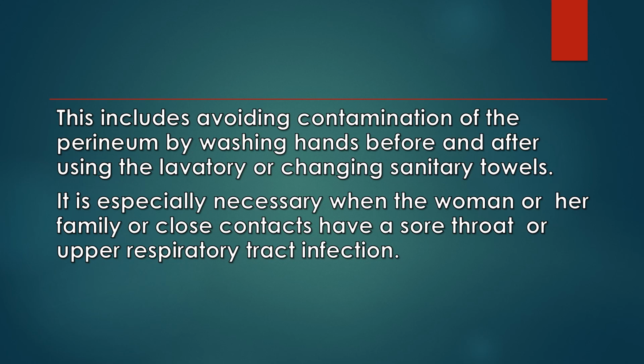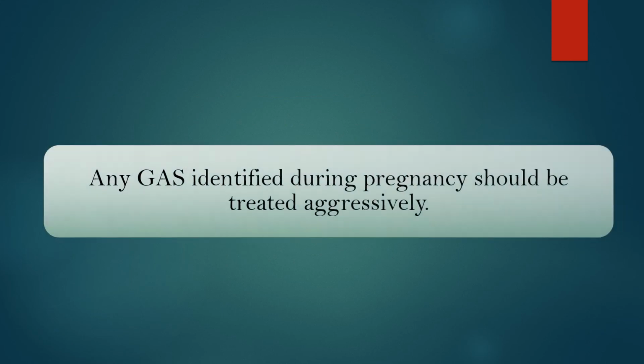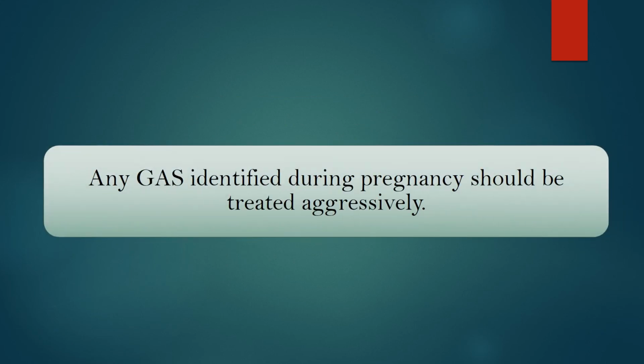This includes avoiding contamination of the perineum by washing hands before and after using the lavatory or changing sanitary towels. It is especially necessary when the woman or her family or close contacts have a sore throat or upper respiratory tract infection. Any Group A Streptococcus identified during pregnancy should be treated aggressively.